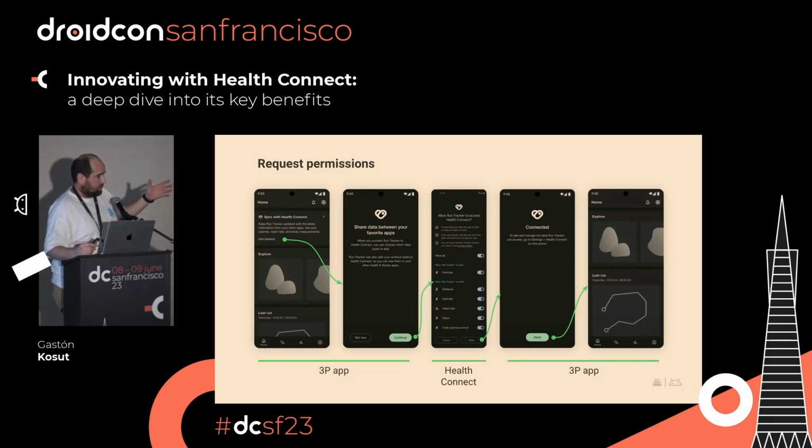Since Health Connect is pretty new, Google is asking developers to promote Health Connect, as you can see in the first image, via a promo card, and also let the user know the insight they can gain by sharing that data, as you can see in the second image. After that, you can request read or write data to Health Connect, as you can see in the third image. And the last two images are the app after getting those permissions.